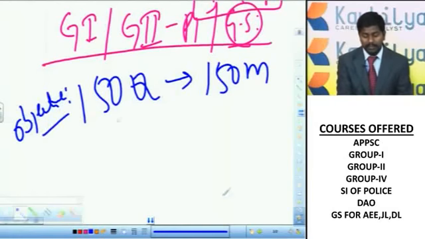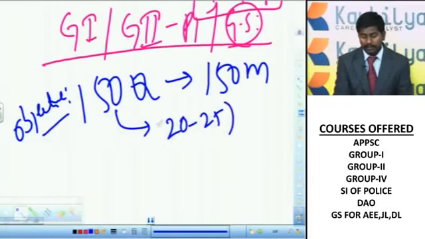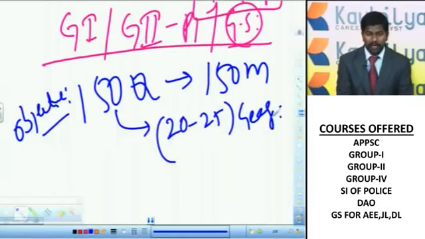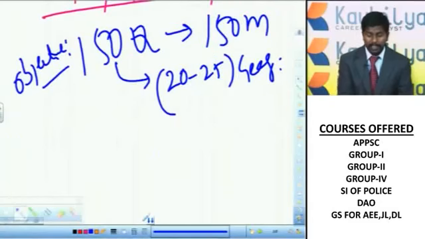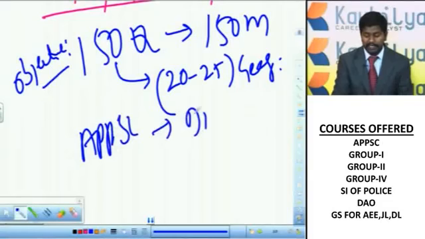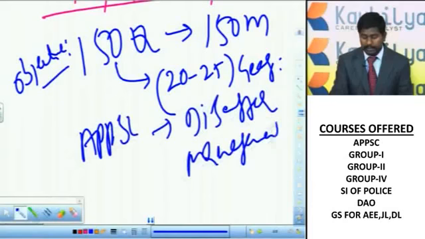Now of these 150 questions, earlier up to 2010 there were 20 to 25 questions from geography. But recently from 2011-2012 onwards, APPSC introduced one new topic, disaster management.